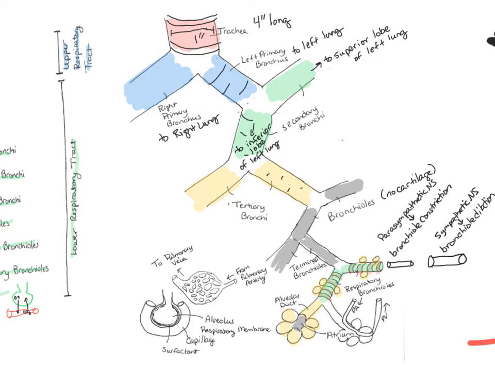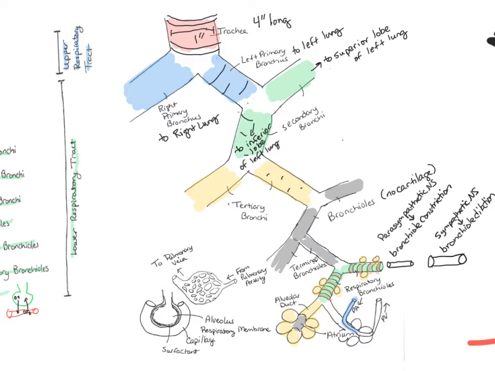Okay, now the other thing is that we have the blood vessels that are going to surround all these alveoli. And so the pulmonary artery is coming from that right ventricle, and it's going to keep branching and branching into little capillaries.